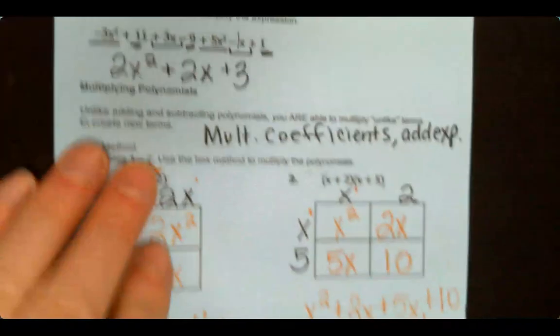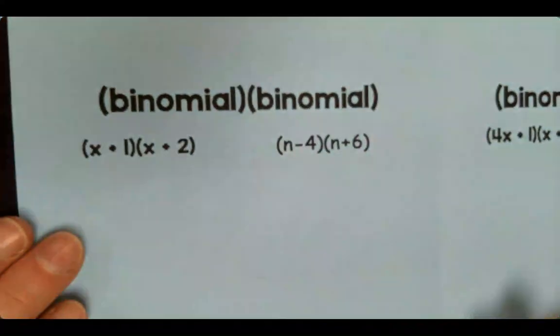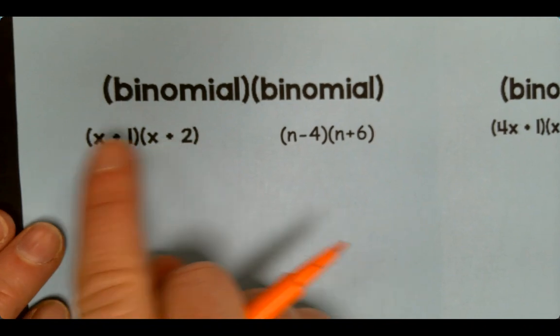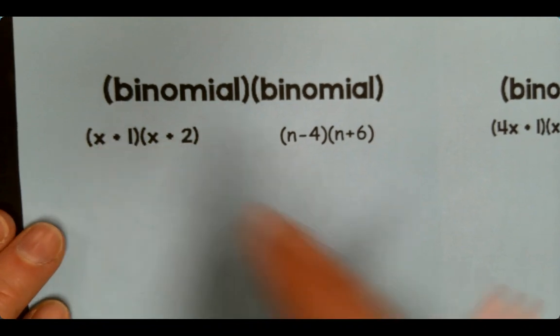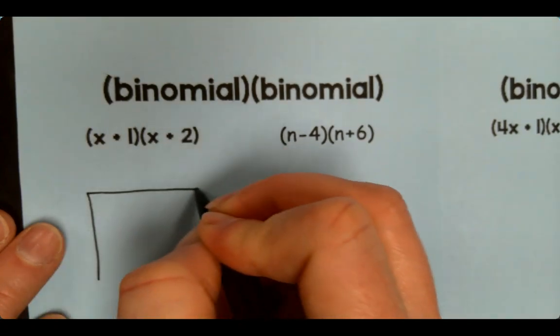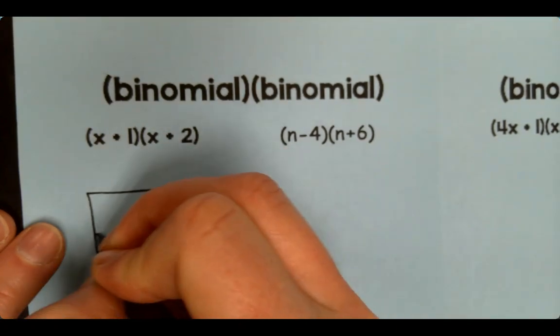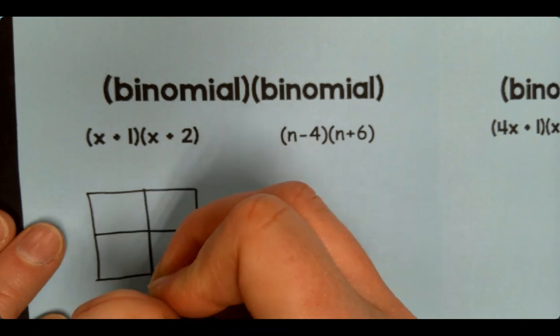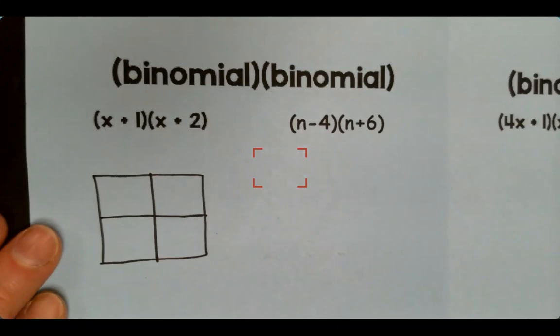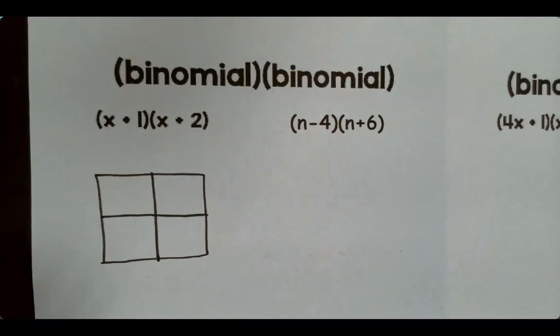All right, so let's do the examples on the inside. So each time we're going to draw a box. If it's a 2 term by 2 term, it's going to be a 2 row by 2 column. So draw your square with your 4 spots. And we're going to multiply these.